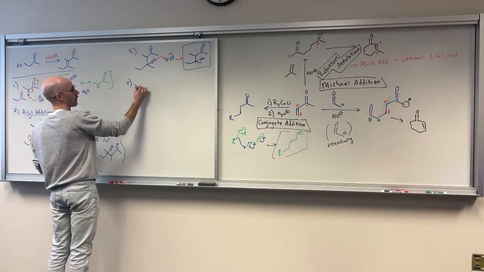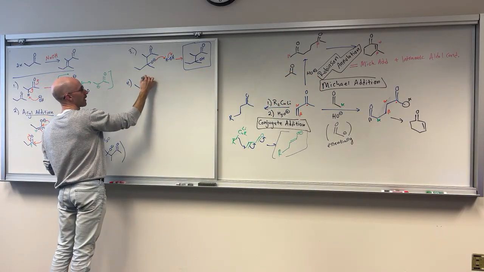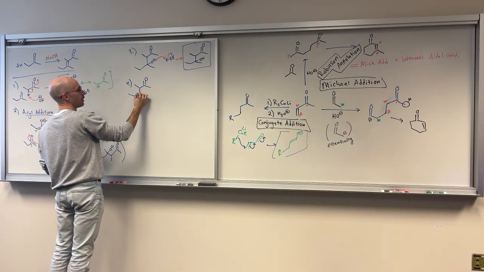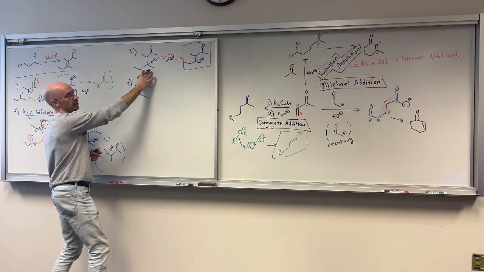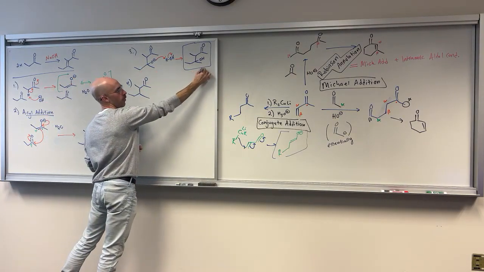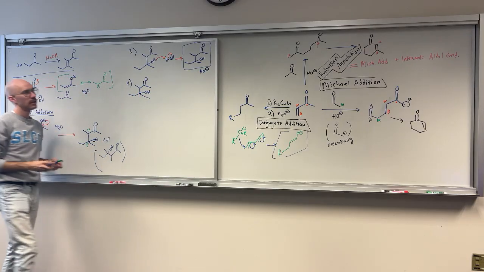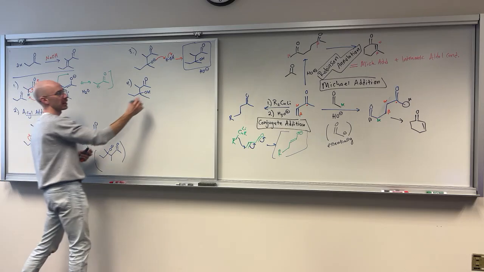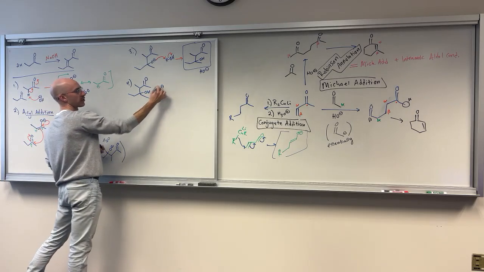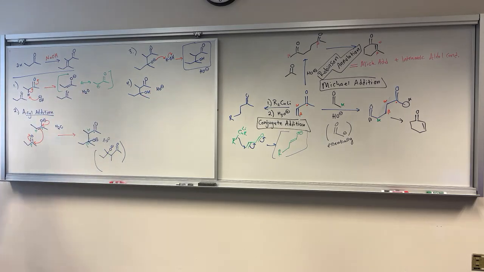Step 4. This new beta hydroxy carbonyl, I forgot to show this, sorry, up above, I also reform my catalyst. My new beta hydroxy carbonyl is in the presence of hydroxide. So I can do this again.